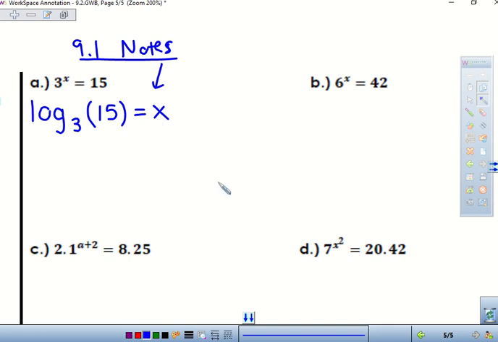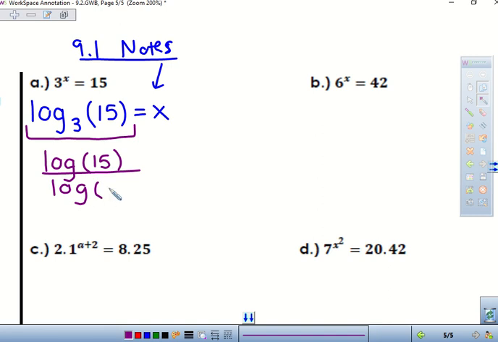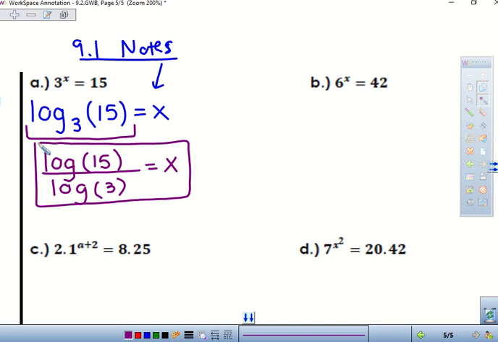Now that we've converted it, how can I rewrite this in a way that I can put it in the calculator? Log of 15 over log of 3. This right here is the exact solution. But if I want to find an approximate solution, I can put it in the calculator.